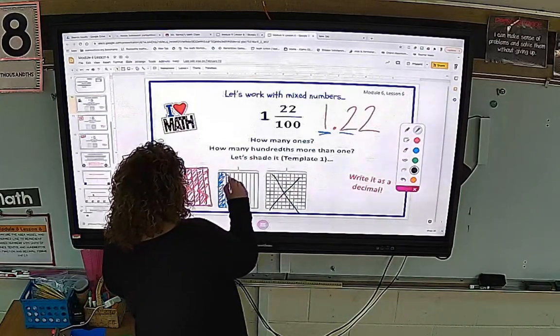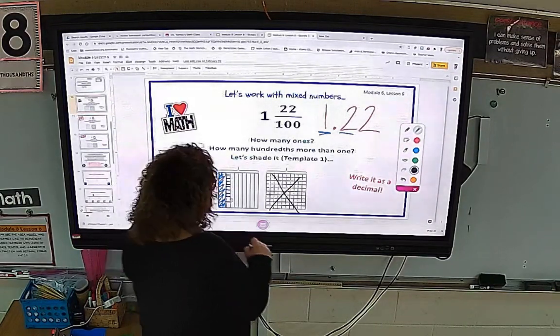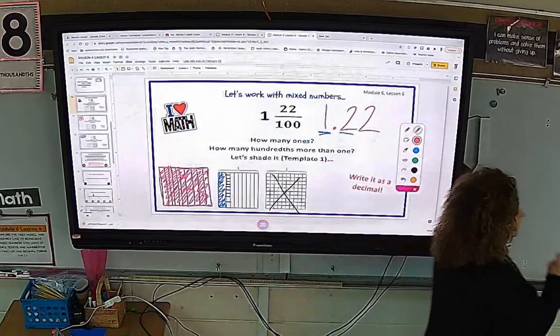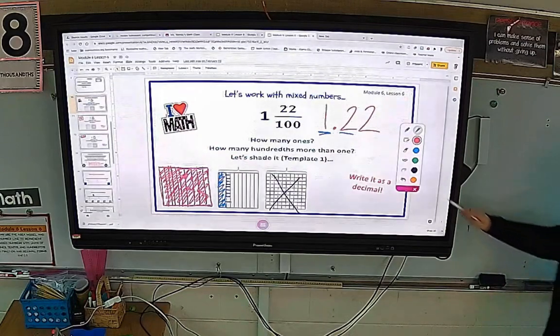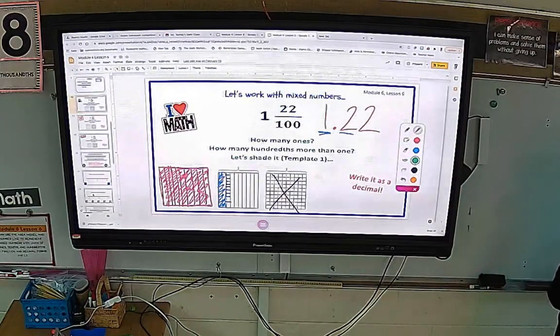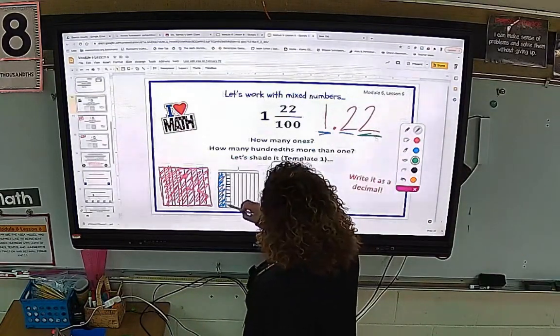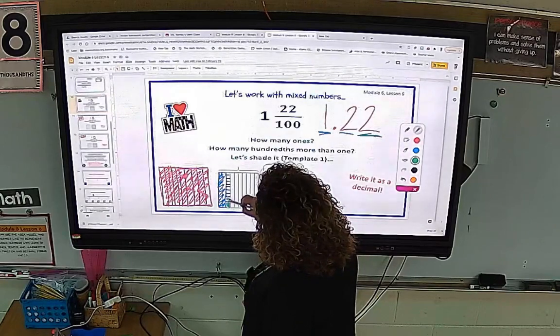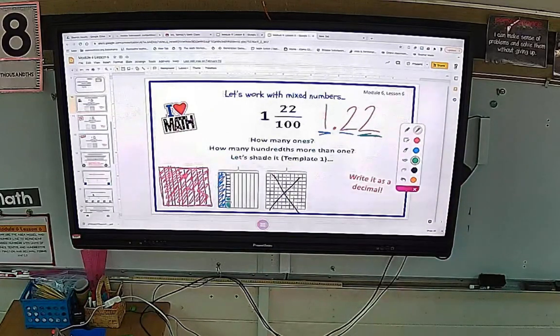So we're going to make 9 little dashes. It's easier to see when you just have that one little strip cut. And how many of those need to be colored in? Just 2. Right here in the hundredths place, we have a 2. And now we've got 1 and 22 hundredths.